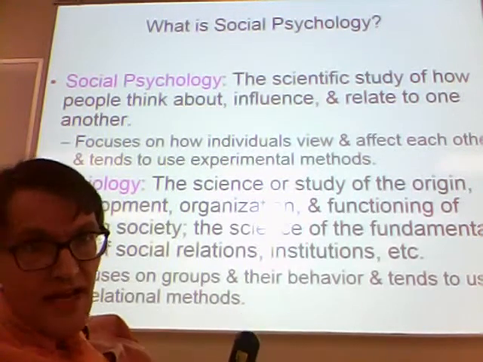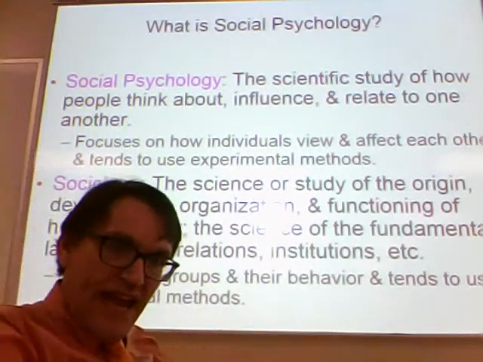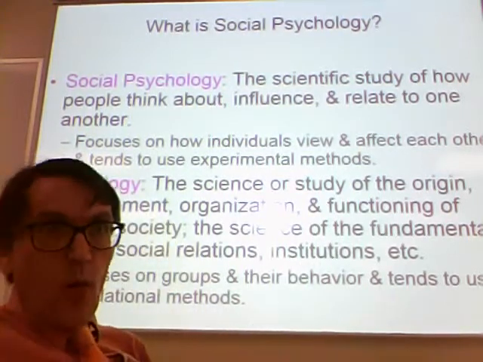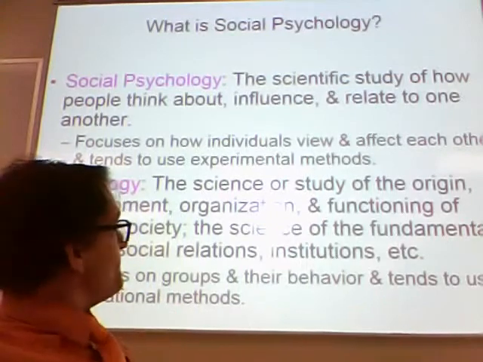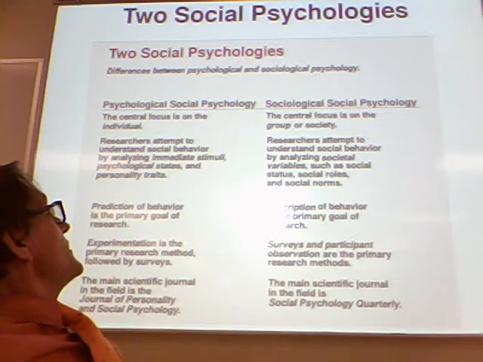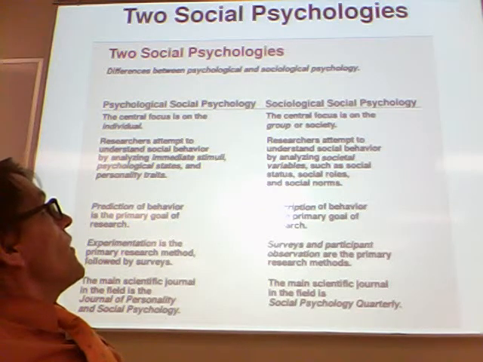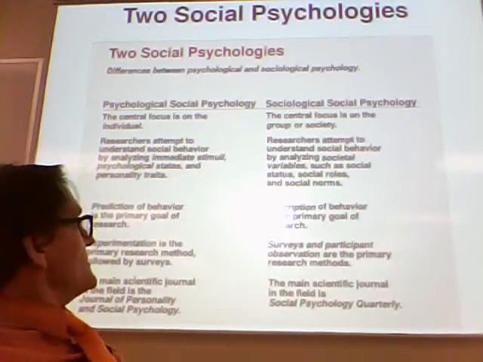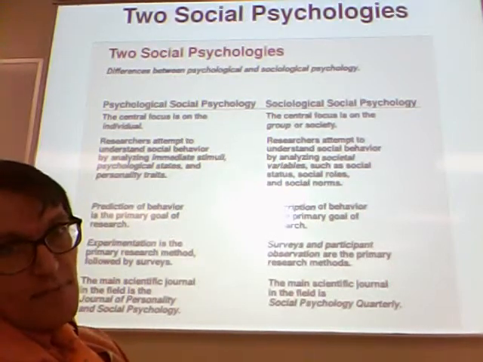Group dynamics and how the groups behave, whereas psychology asks what happens to you as an individual when others are present. So the central focus is on the individual here in psychology, and the central focus is on the group over there in sociology. But there's still going to be a lot of overlap.